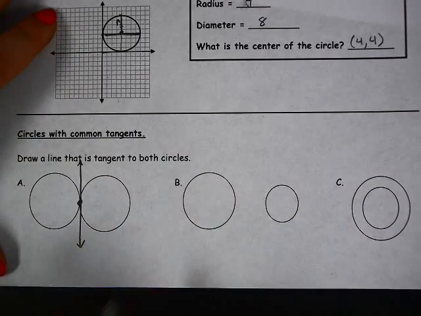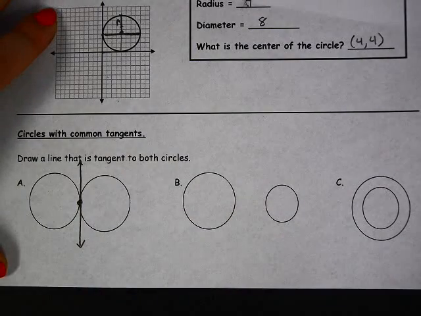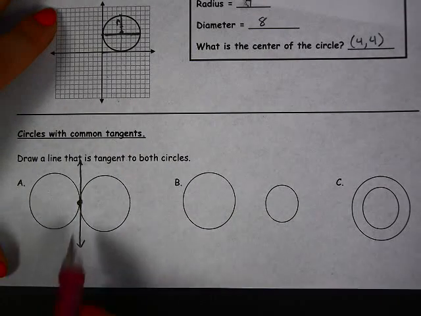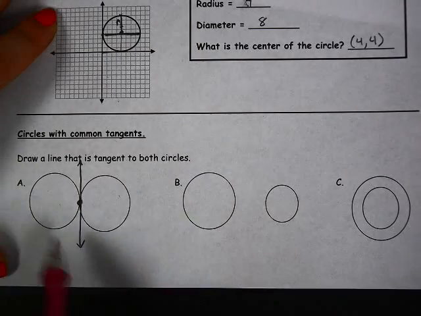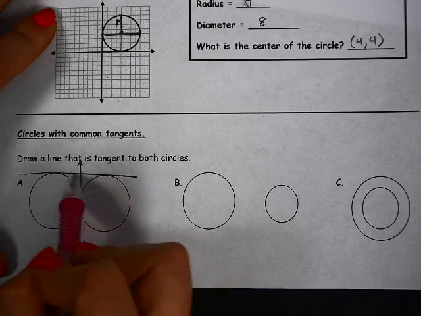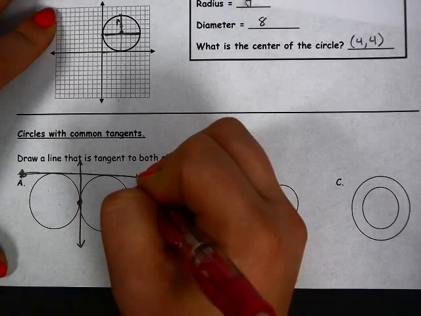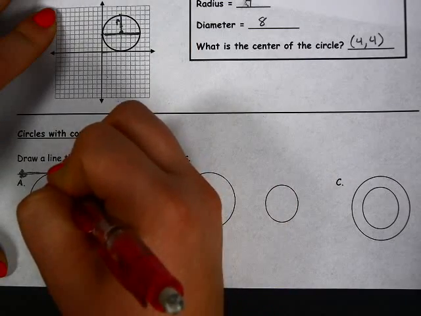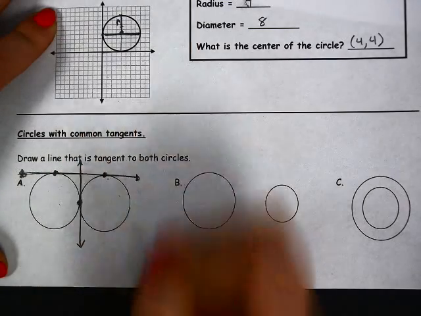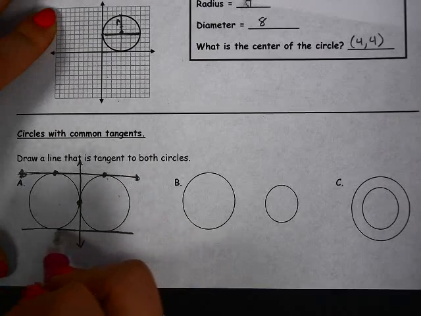Just trust it. So it touches it there, so that's one tangent line. That's common for this circle and this one. And then if I was to draw a line right here, that would be another one. And this is where it touches. And then we can do the same for down at the bottom.